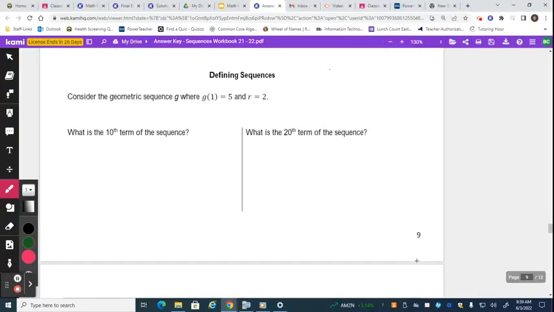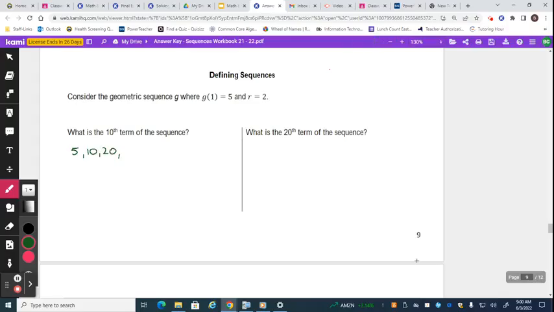All right, so looking at geometric sequences, we have our recursive definition. G of 1, the first term is 5, and r is 2. The common ratio is 2. So if we start with the first term, we're going to get the second term by multiplying by 2.